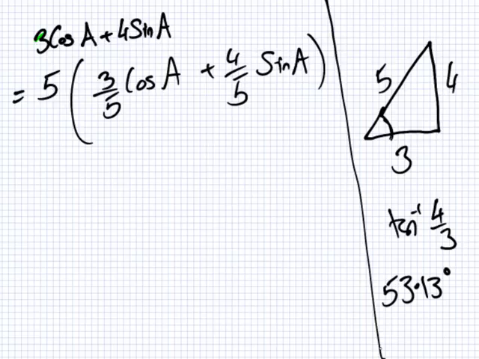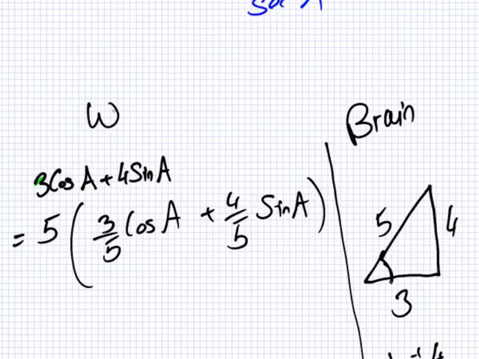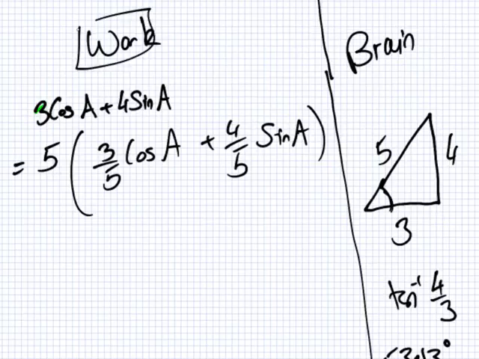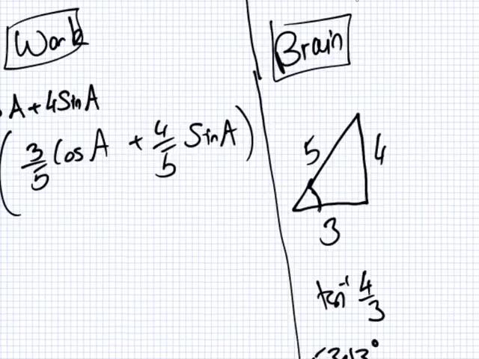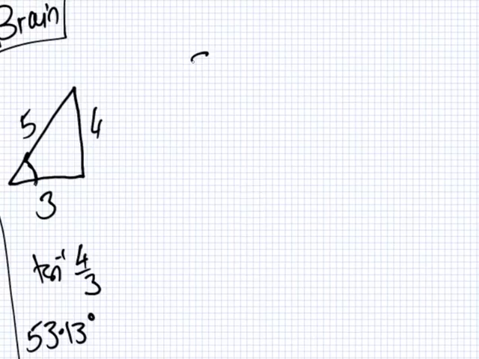So look, what's happening here is, this is my brain here, and this is the work here. Right, okay, so what I do, back to my brain now. I've made this triangle in my brain, and what is sine 53.13 degrees?